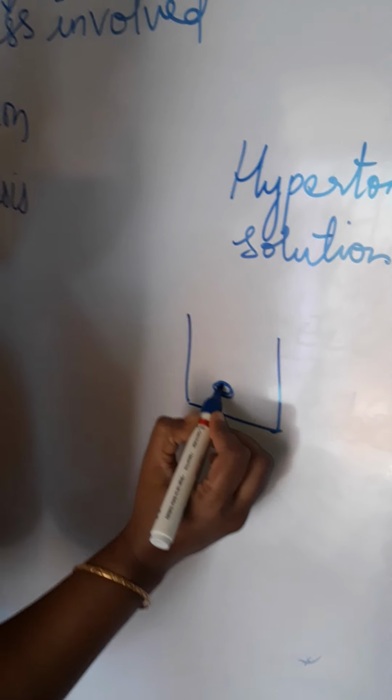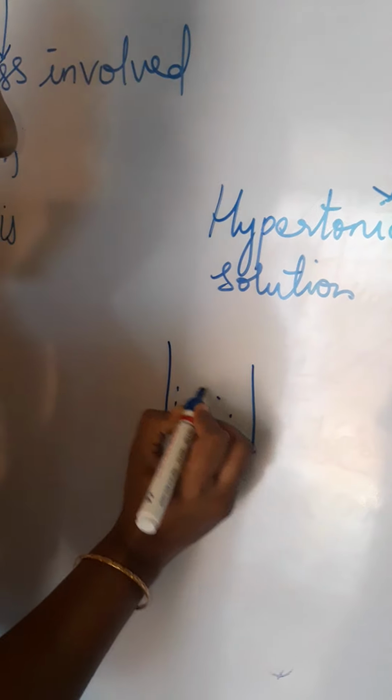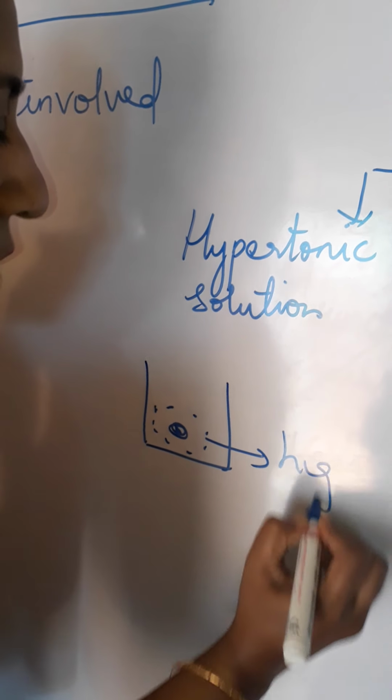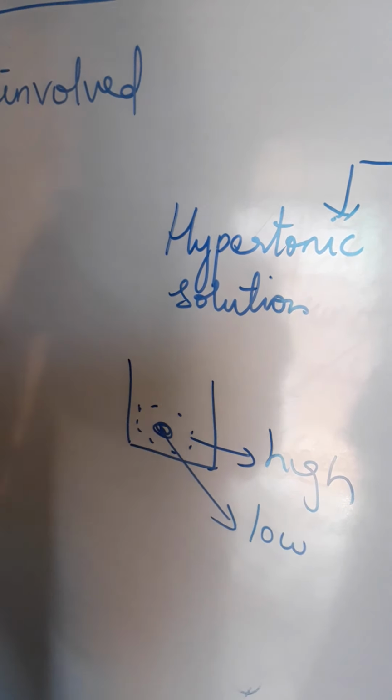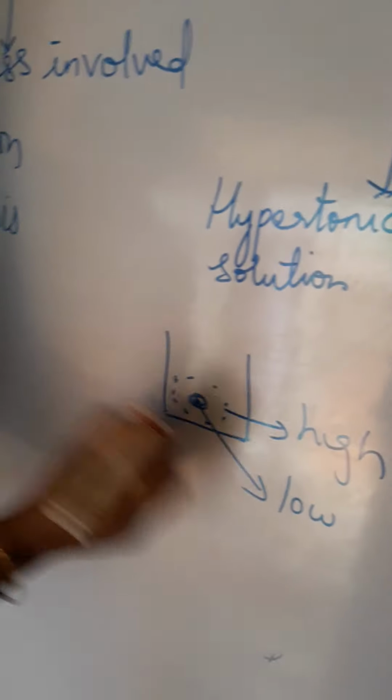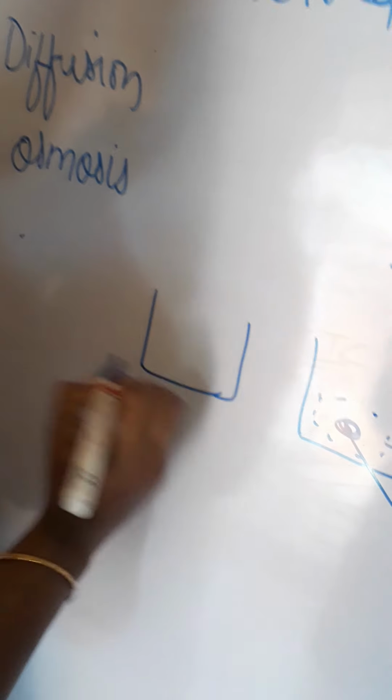First one is hypertonic solution. If the medium surrounding the cell has lower concentration than the cell, that is, the cell is having higher concentration and the medium surrounding the cell has lower concentration, what happens?